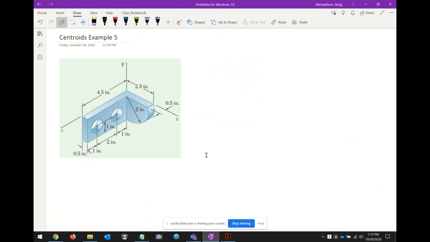Okay, so here's how I'm going to go about this. And to be clear, I don't think there's any real right way or wrong way to do this, just as long as you don't double count your areas. So the first shape that I'm going to do is I'm going to say that we've got this rectangular block. Now here's the thing though, when I draw this rectangular block, I'm going to say that this rectangular block incorporates this region here.